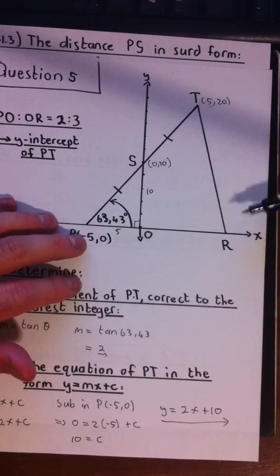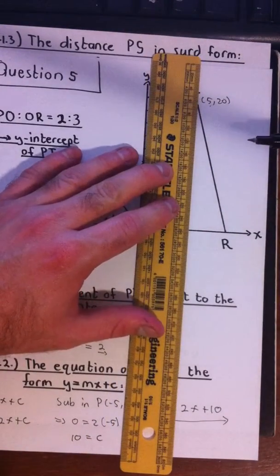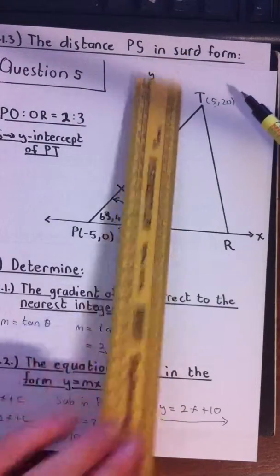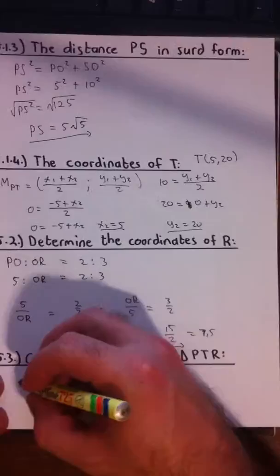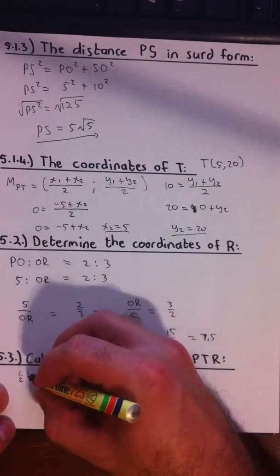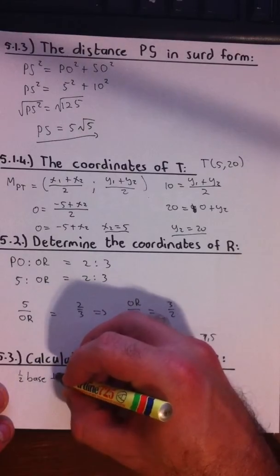We don't know TR, but that doesn't matter because we need the perpendicular height. And luckily we know the y value of T, and that is our perpendicular height of the point T. So what we have here is the area of a triangle is half times base times perpendicular height.